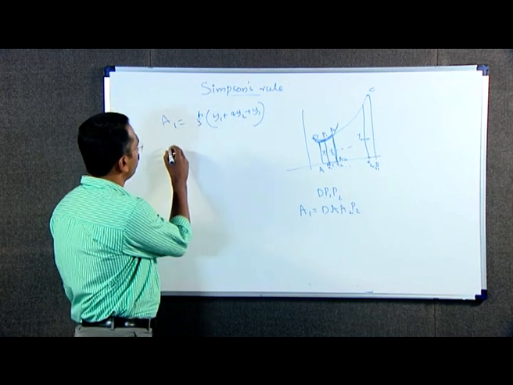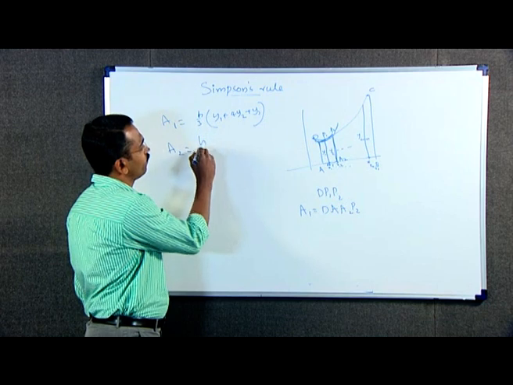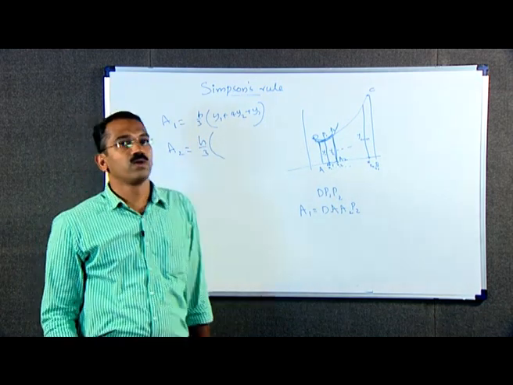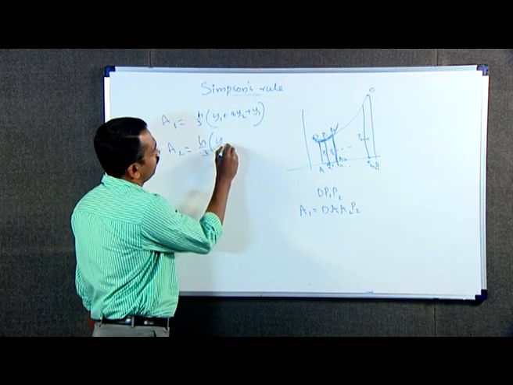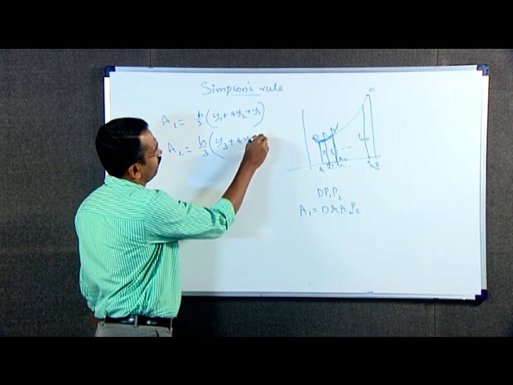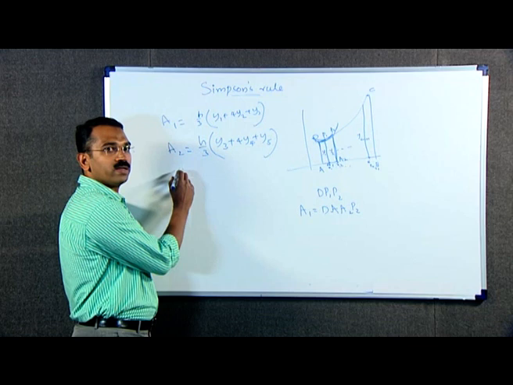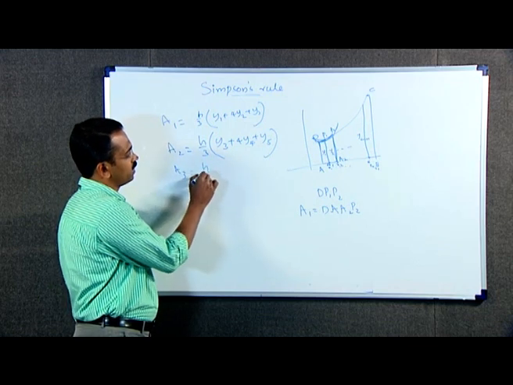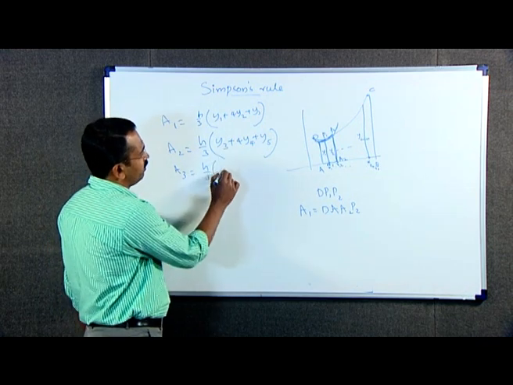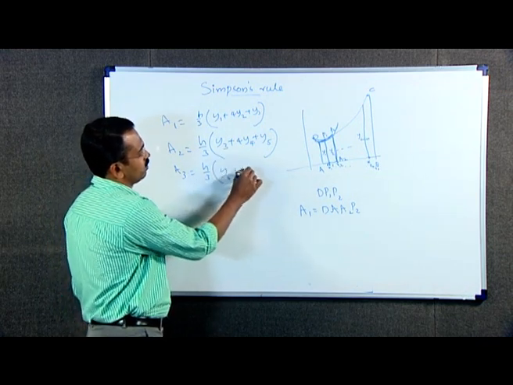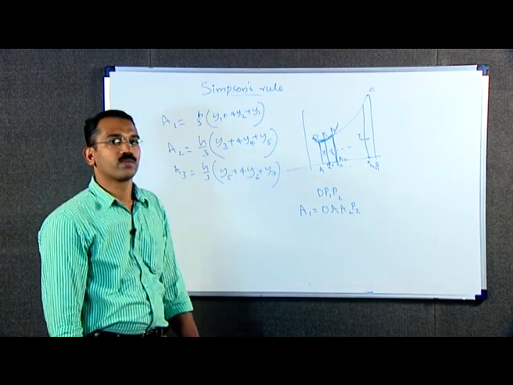We get A2 is equal to h by 3 into y3 plus 4 y4 plus y5. And A3 is equal to h by 3 into y5 plus 4 y6 plus y7, and so on.